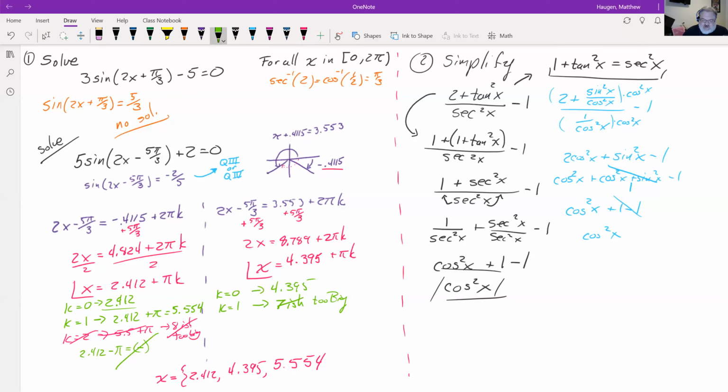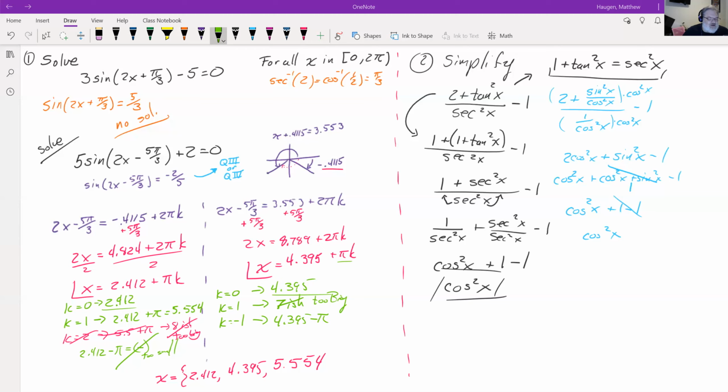So that's too small. Ah, yes, but you all yell, because this is bigger than our period, our modified period. The 4.395 minus pi is going to leave us with something. So absolutely correct. I knew I could count on you guys.